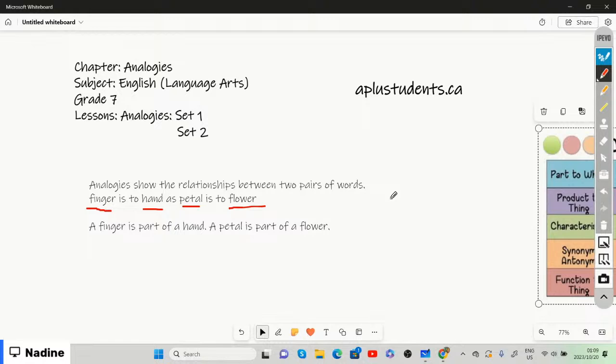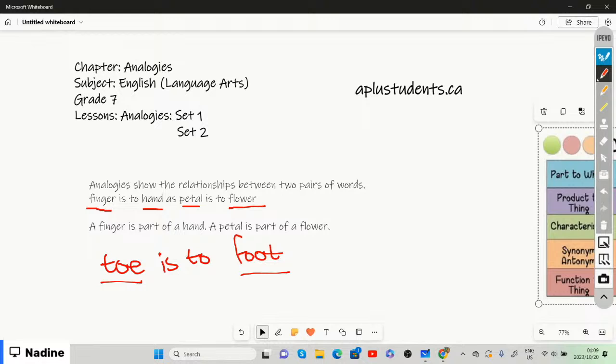The same like we would say maybe toe is to foot, right? Which means that your toe is part of your foot. So that shows that is analogies, which shows the relationship between the two pairs of words, right?